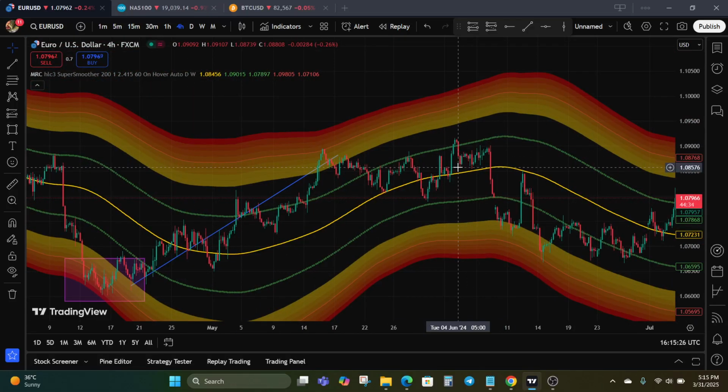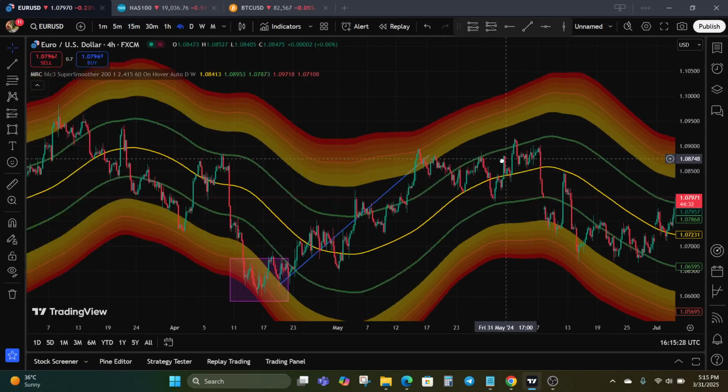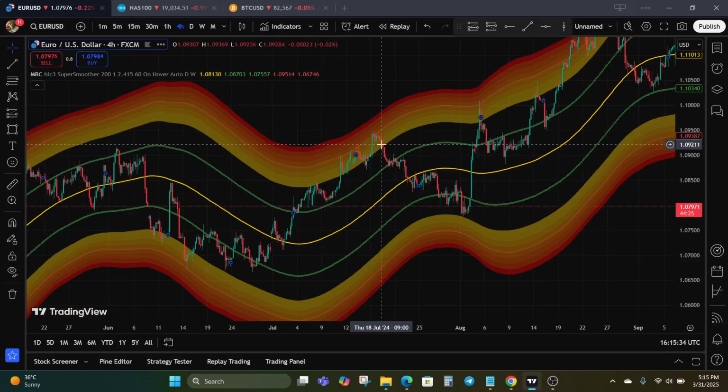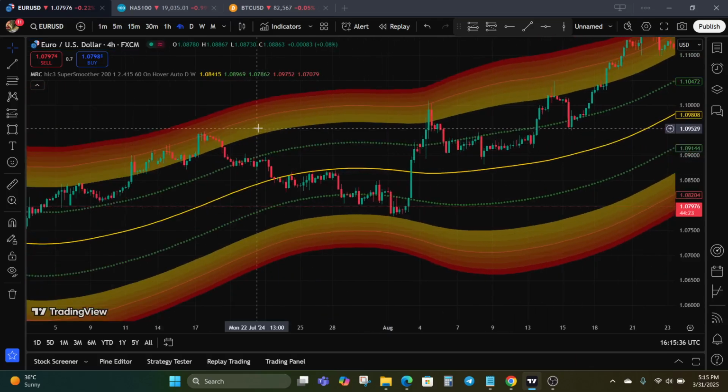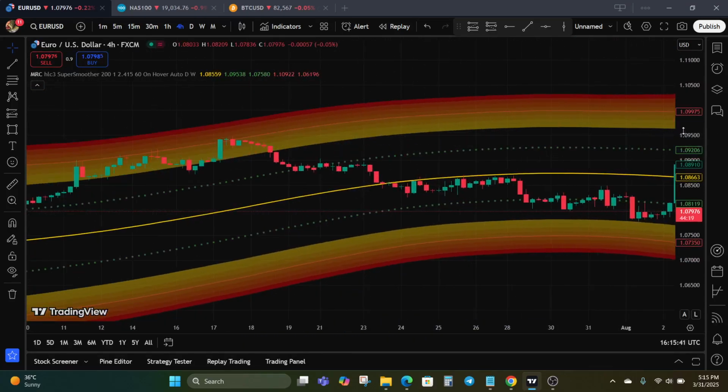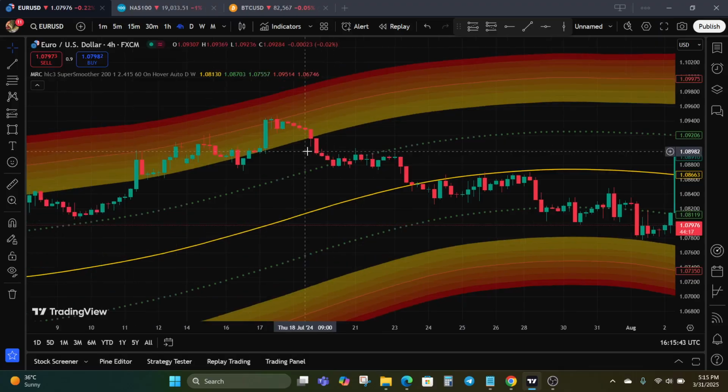Then for a sell trade, we wait for price to enter the overbought zone, then we look for bearish confirmation like a shooting star or bearish divergence or any other bearish pattern that will validate the sell move that is about to happen.